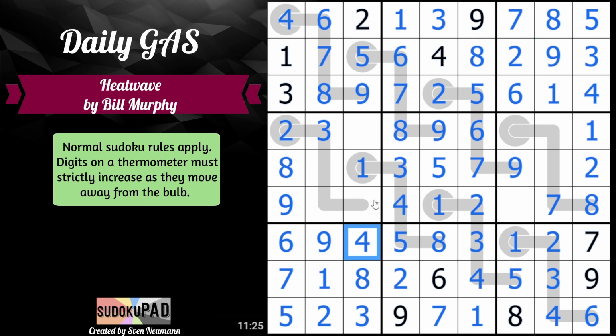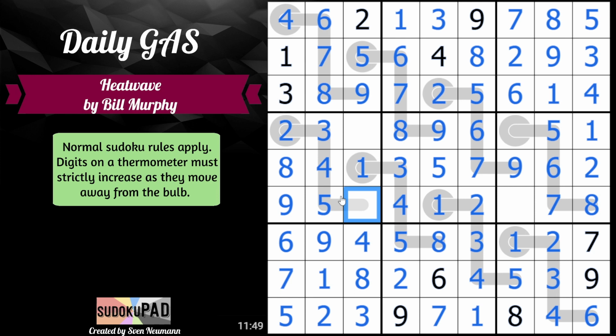So in the same way, 4 needs to go on the thermo, and in the same way, 6 also needs to go on the thermo, so it must go next to the 7. And then, what are we missing? We're missing 5 from the column here and also 5 from the column here. And I think we're going to place our last digits in a second.